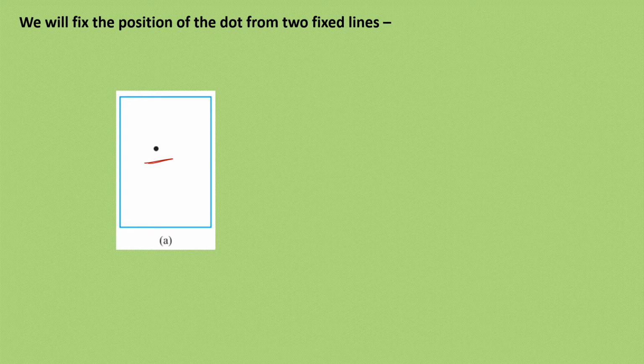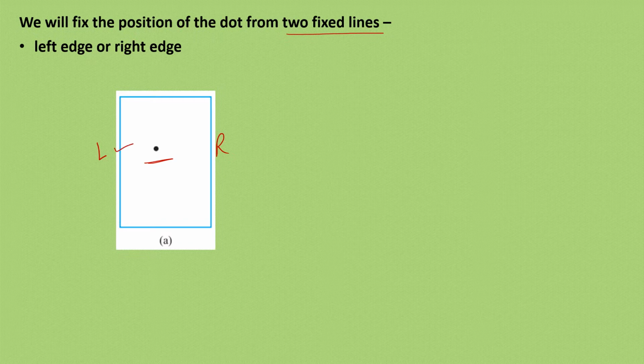So now we have to find the position of this dot. We will fix the position of the dot from two fixed lines. For this dot we have to fix two lines. Suppose first we are taking the left edge or the right edge. You see this is the right edge and this is the left edge. Out of these two, any edge we can fix for its position.